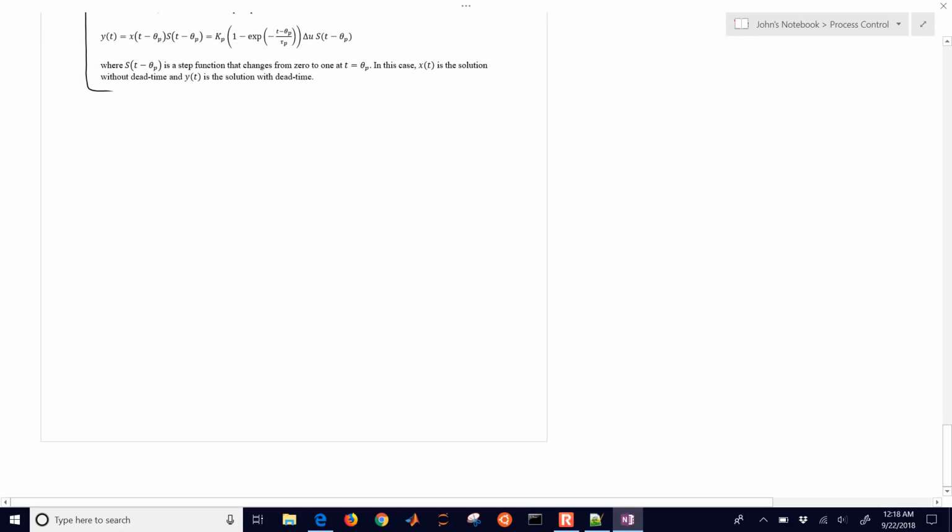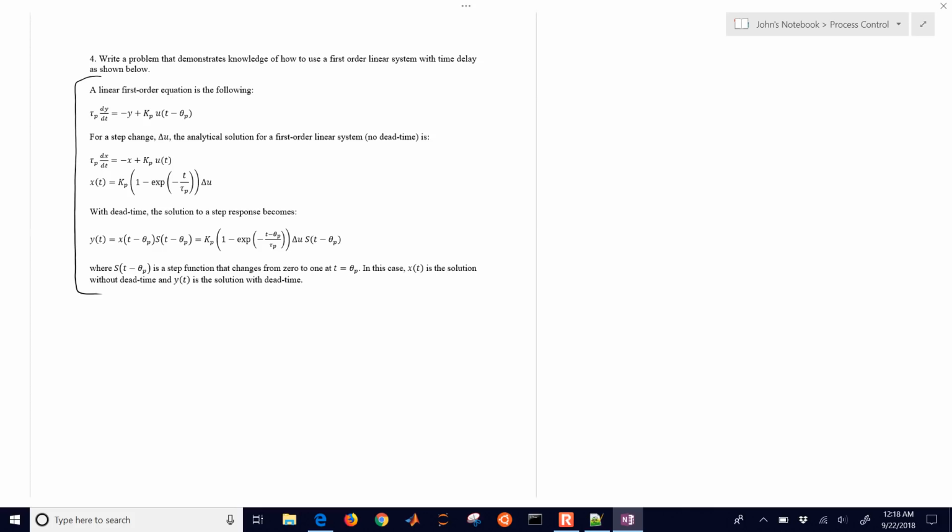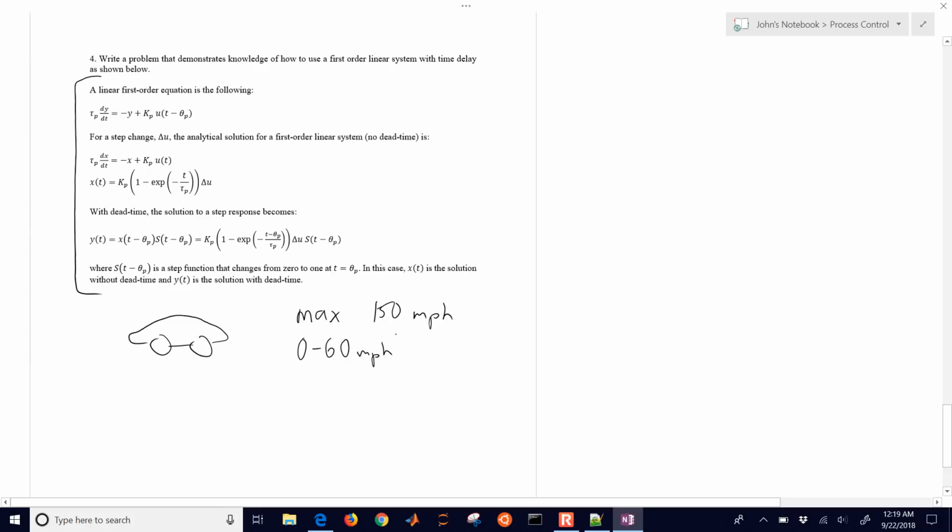And you're going to ask the auto salesman a couple questions about the car and its performance. Let's say he gave you some information that the max velocity is 150 miles per hour, that the 0 to 60 miles per hour is 10 seconds.